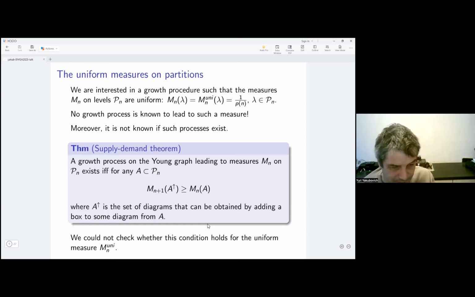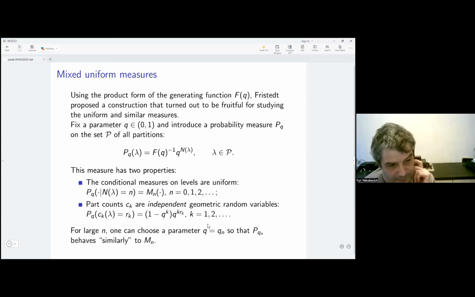To describe it, I will briefly recall the construction of Fristed, who proposed the following trick to study these uniform measures on partitions.